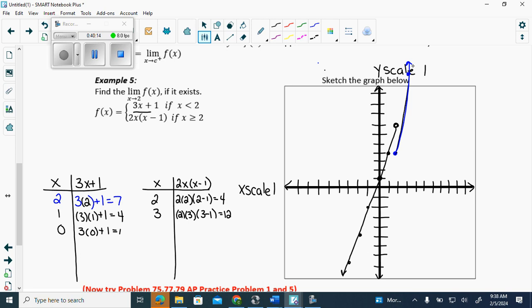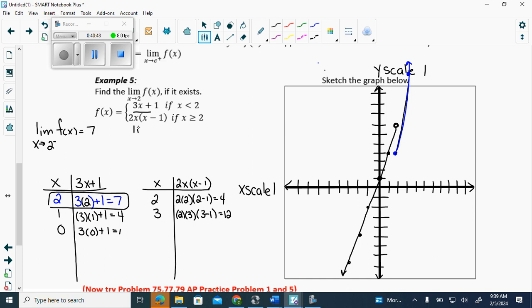So, the limit as x approaches 2. What would I say? Doesn't exist. Why? Because the left and right-handed limits are different. The left is approaching 7. The right is approaching 4. Do you see that? So I would say the limit as x approaches 2 from the left of f of x equals 7, based off of this.